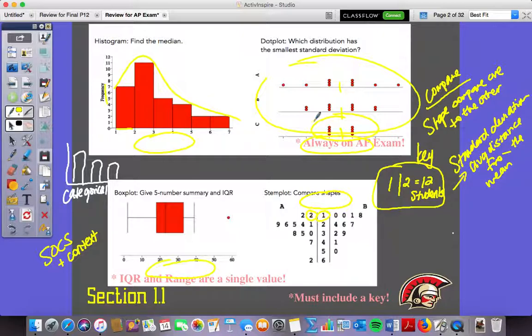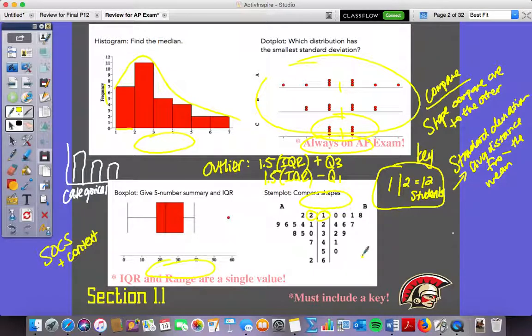So remember, when we talk about shape, we know what to say: skewed, normal, approximately normal, bimodal. Outliers would be your outlier formula, right? That would be 1.5 times IQR plus Q3, and Q1 minus 1.5 times IQR.